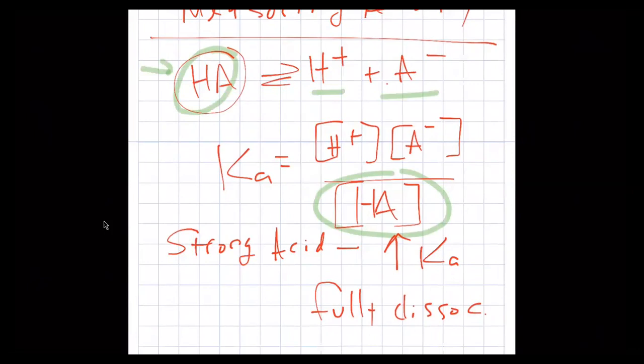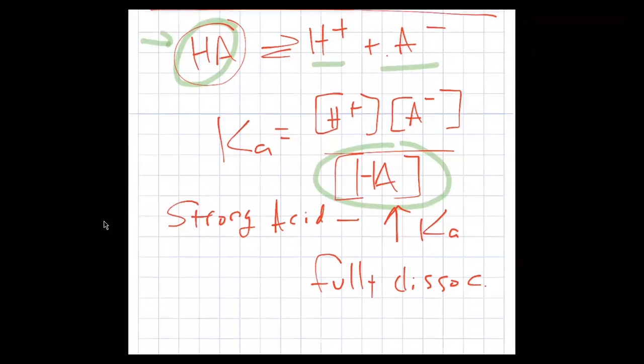So when you put it in that Ka equation, the HA number is small. That means that the overall value of Ka is going to be big. That's why for a strong acid, there's very little HA left. So Ka is a big number, right? Because you're dividing the concentration of H plus and A minus by a very small number. Are y'all following that? So for a strong acid, Ka is high.